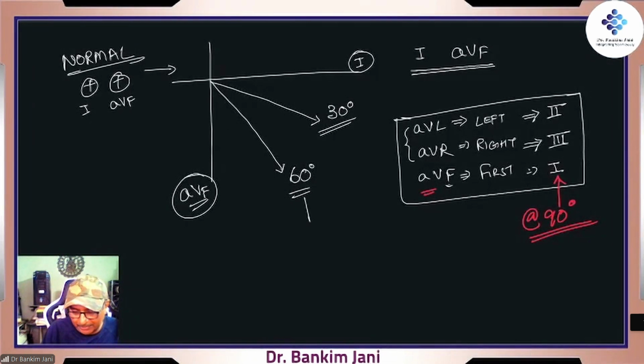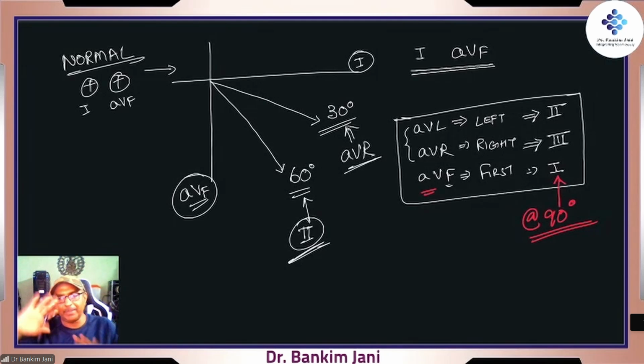At this point, which lead? Lead 2. That's right. Lead 2. Here, at 30 degree, which lead? AVR. Exactly. AVR. Right? Plus minus, don't worry. But full lead is AVR. Correct?